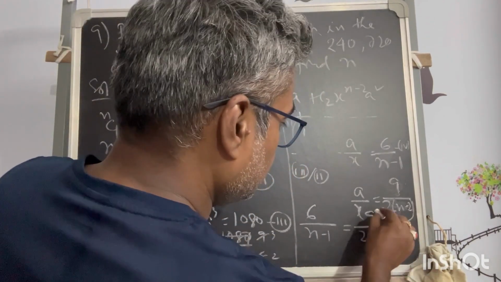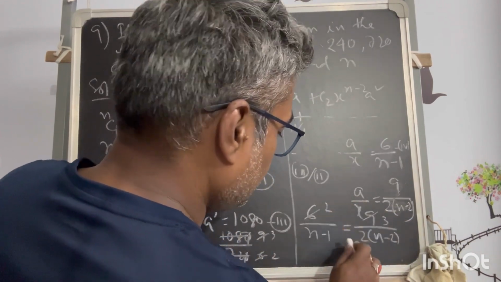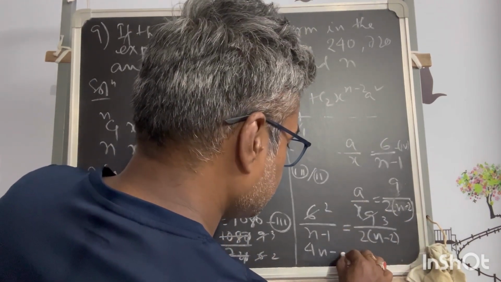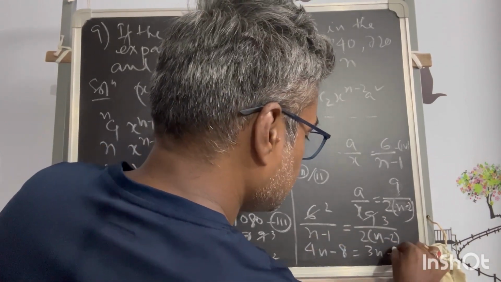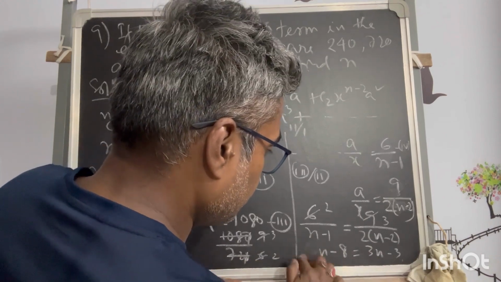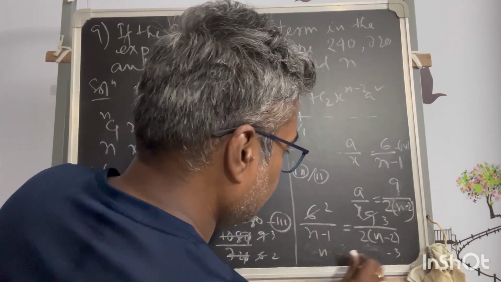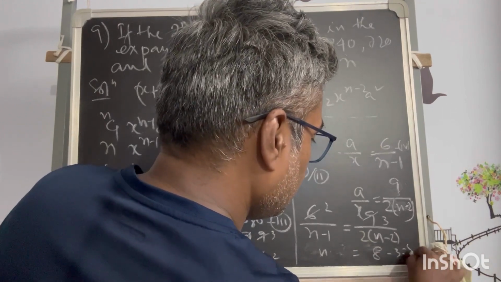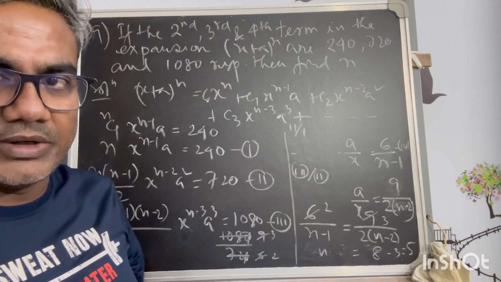Now this can further be reduced: 2 into 2 is 4, n minus 8, there 3 into n minus 3. So ultimately n will remain, and 8 will go there. So ultimately your answer is 5. So the value of n is equal to 5. Okay.